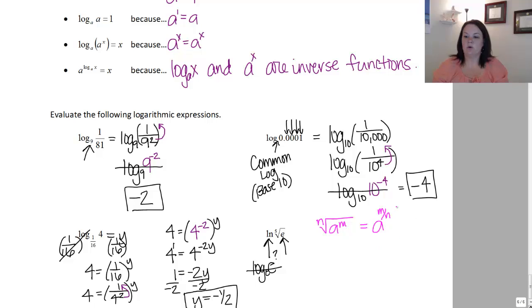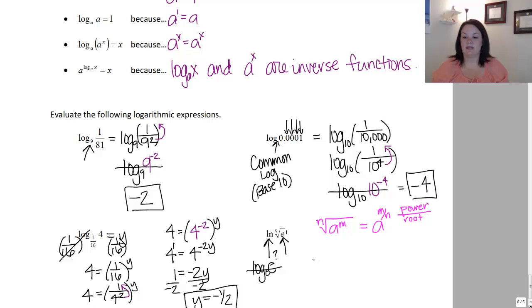Okay, so notice what we're doing is power over root. So we can write any radical with a fraction exponent or a rational exponent by doing the power over the root. So if I want to write my problem here with a rational exponent, notice I have e to the first power and I'm taking the 5th root of it.